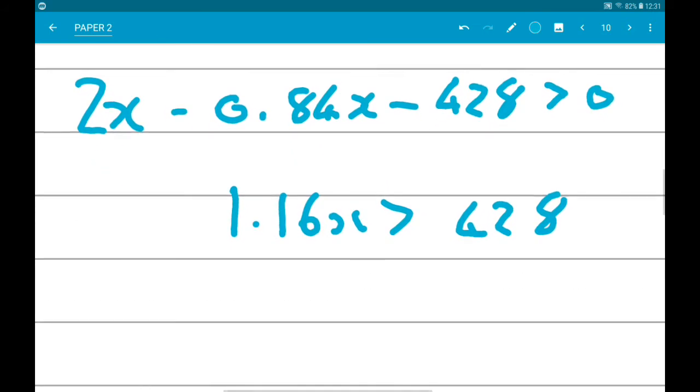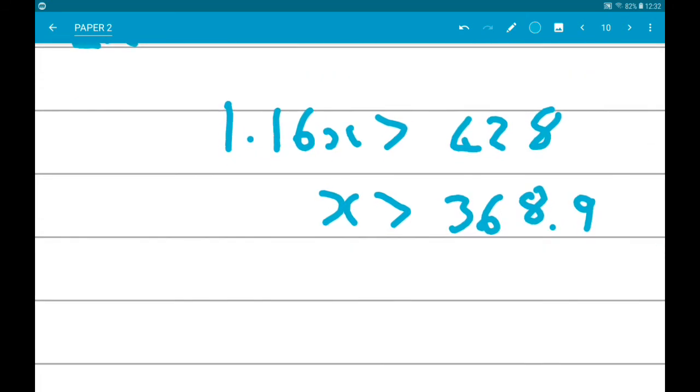Divide by 1.16 and we get x must be greater than 368.9. So that tells us then at least 369 bars need to be made.